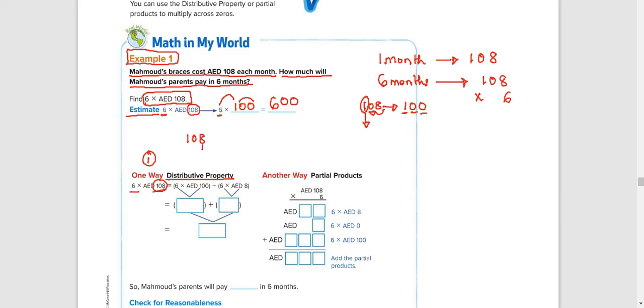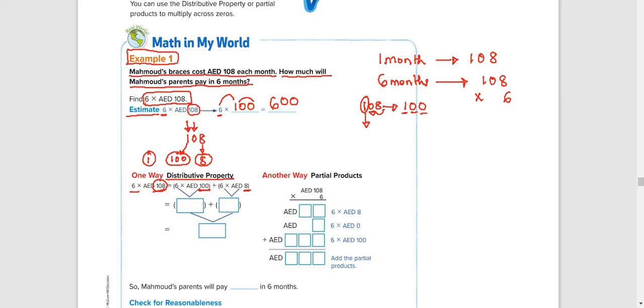The number in the ones place is 8. The number in the tens place is 0, so we don't need that. And the number in the hundreds place is 1, so that is 100. So we can separate the number 108 into 100 plus 8.